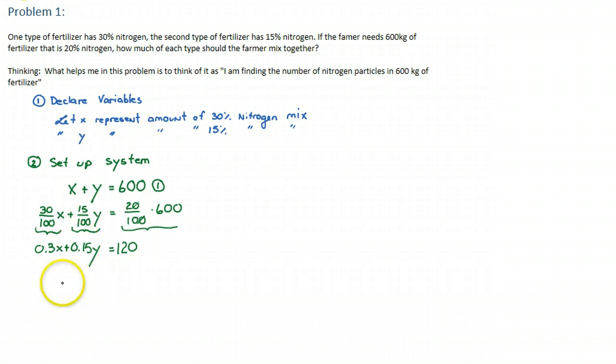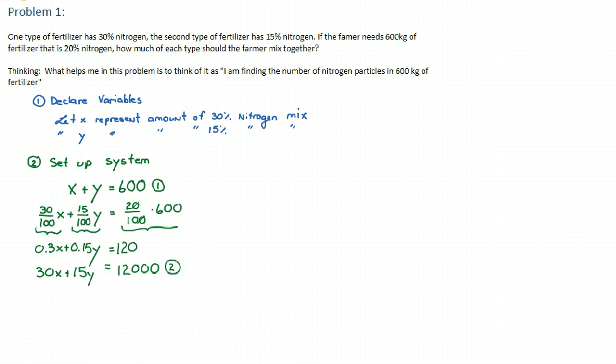And I don't like decimals, so let's multiply everything by 100. So I'm going to get 30x plus 15y equals 120, and then we add 2 zeros. Not the most efficient method to get there, but we've gotten there nonetheless. And that's going to be equation 2.